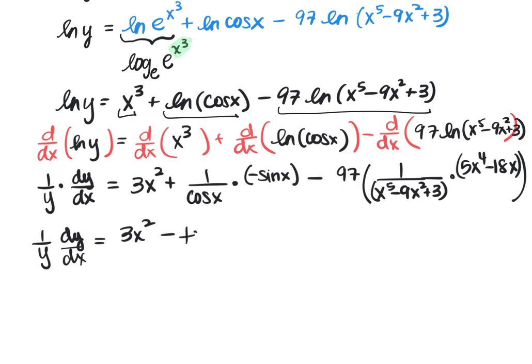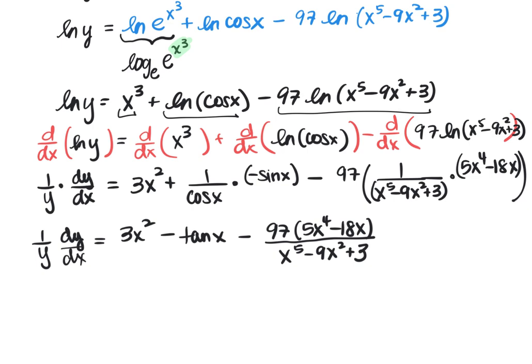So it would be a lot easier just to write tangent, although that's not required, but I prefer that. And then I'm going to go ahead and write the 97 in the numerator multiplied by the 5x to the fourth minus the 18x. And then all of that will be divided by the x to the fifth minus 9x squared plus 3. So the calculus step is now done.